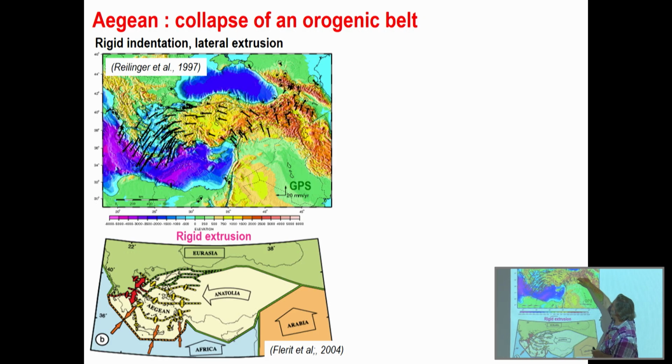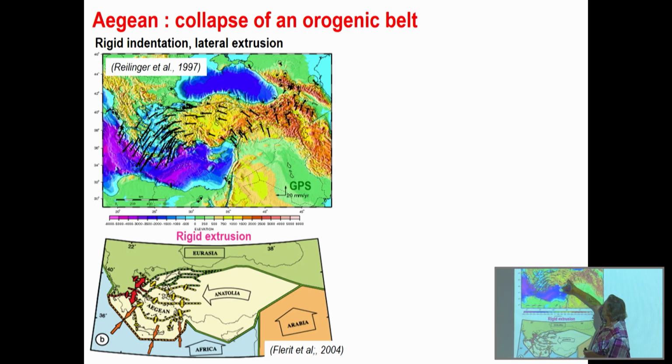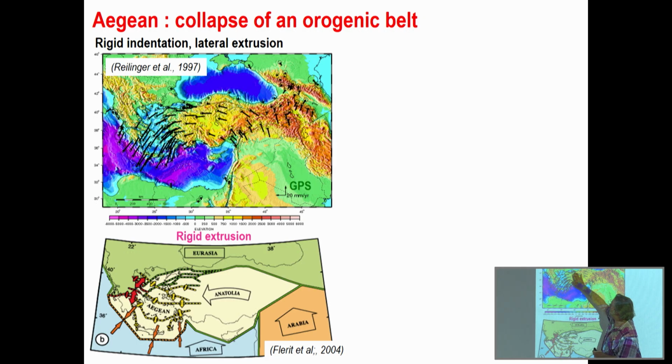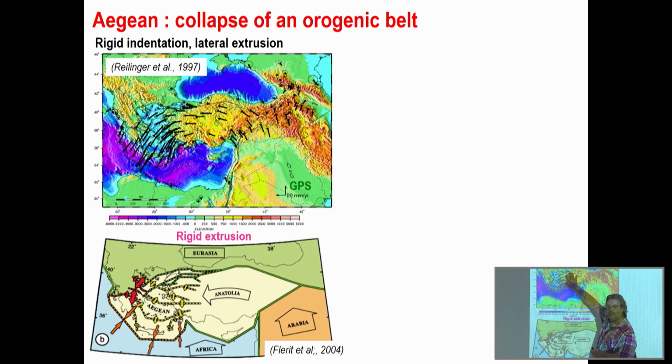The norm of vector decreases passing the topographic front, which means shortening in the horizontal direction, thickening in the vertical direction. And here, when it passes from the Anatolian plateau, there's another plateau here, an orogenic plateau. The norm goes from small to very big.